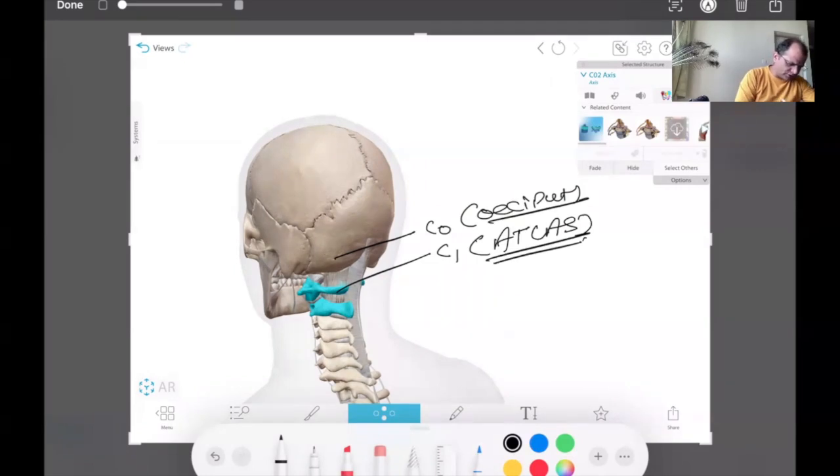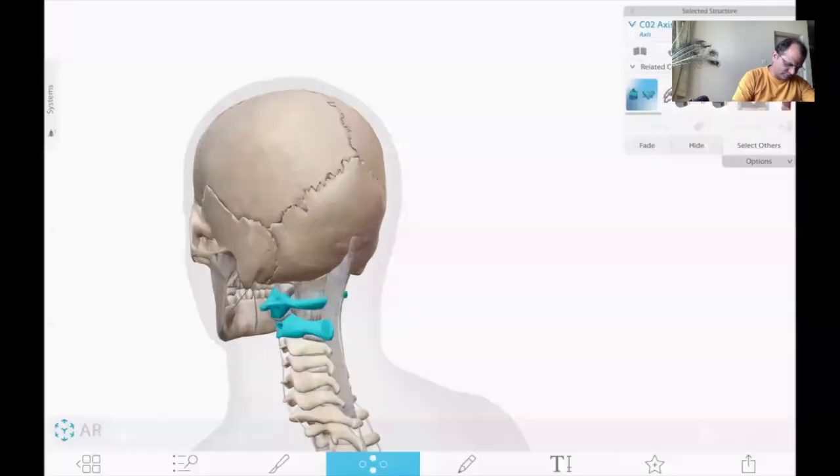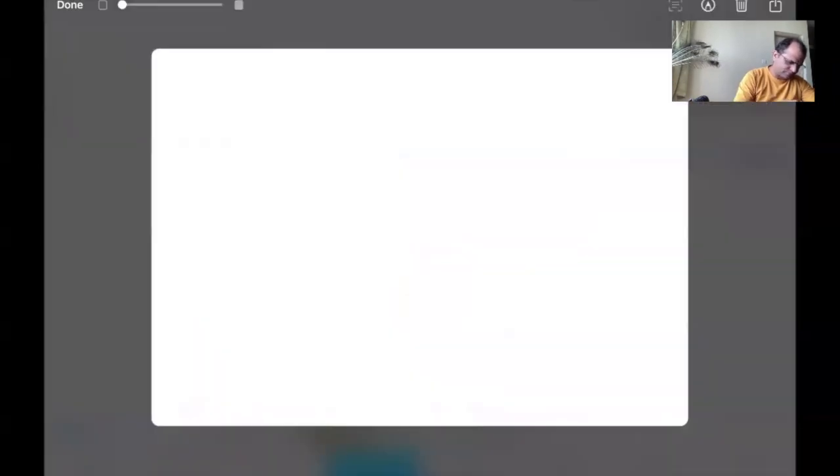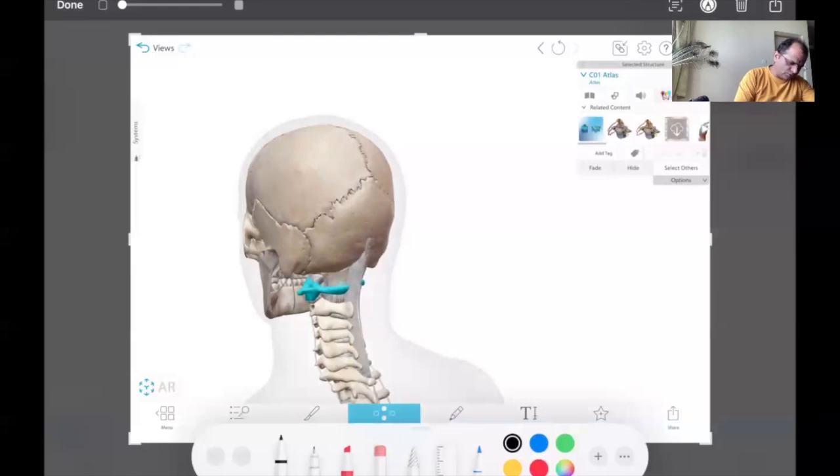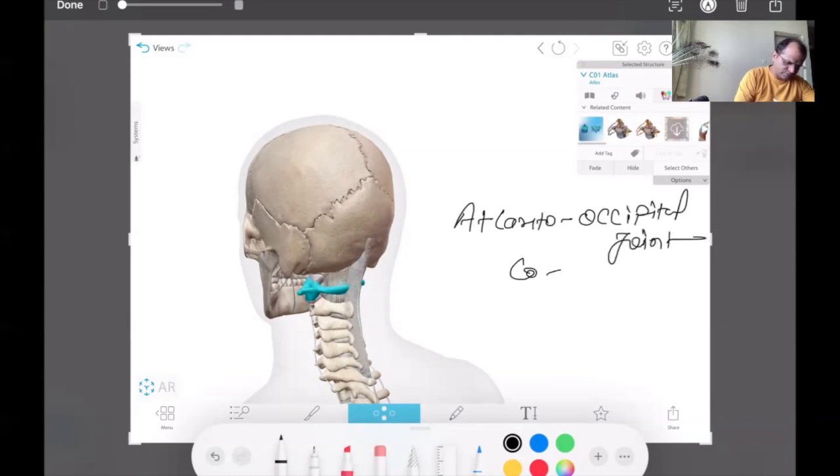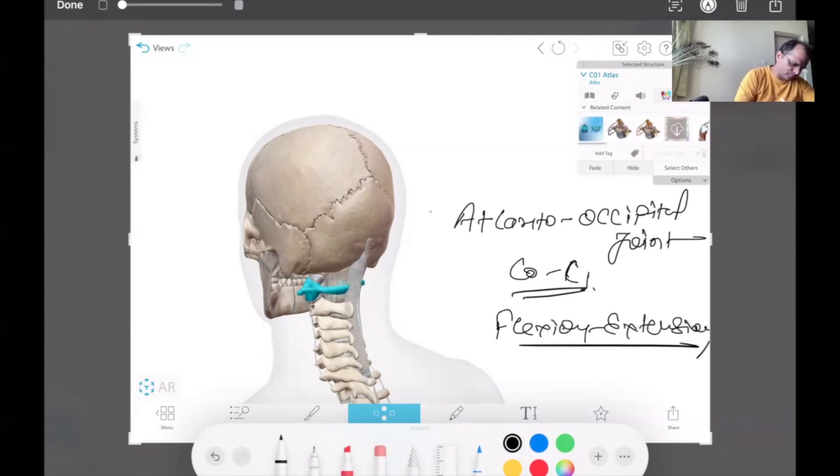The name of this joint is atlanto-occipital joint or C0, C1. The movement is flexion and extension, or we can consider yes type movement. गर्दन को आगे ले जाना flexion, पीछे ले जाना extension.